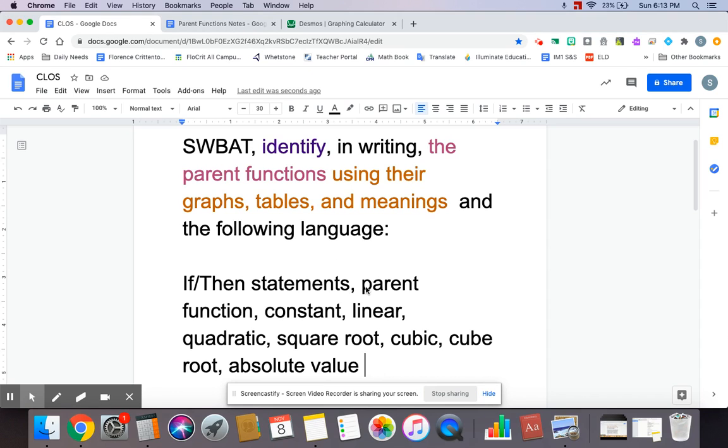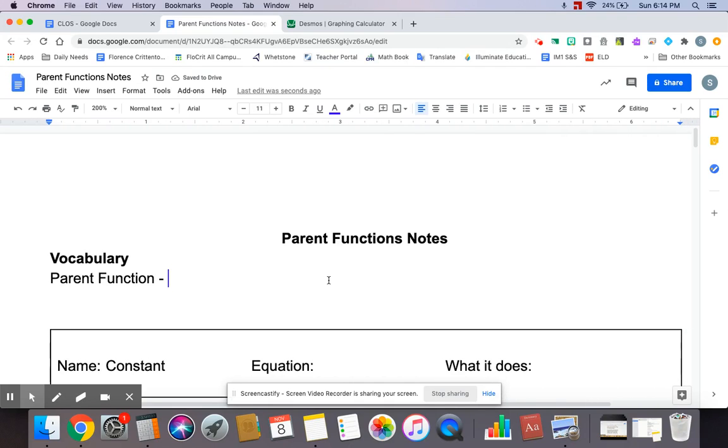So the only vocabulary word that I'm going to define up front is parent function. A parent function is a function within a function family that has no transformations. A parent function is basically the main one.